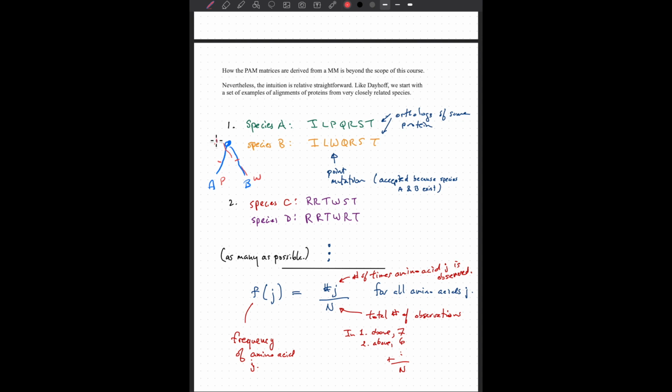It could have been arginine that mutated to a proline along here and mutated to a tryptophan along there. It doesn't really matter. The point is that whenever this switched to a proline or a tryptophan, whatever occurred wasn't so deleterious that both species couldn't survive. And that's important because it's not captured by our previous models.